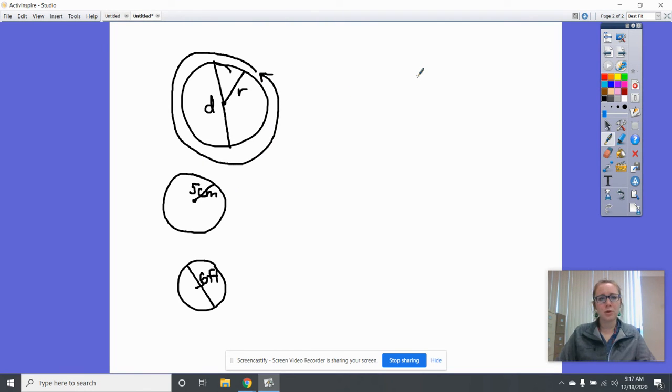We can't call it perimeter because a circle doesn't have sides like a square or a rectangle or triangle. Without those sides, with just this kind of loop that we have for our circle, we call it circumference. And the formula for the circumference of a circle is pi times diameter.